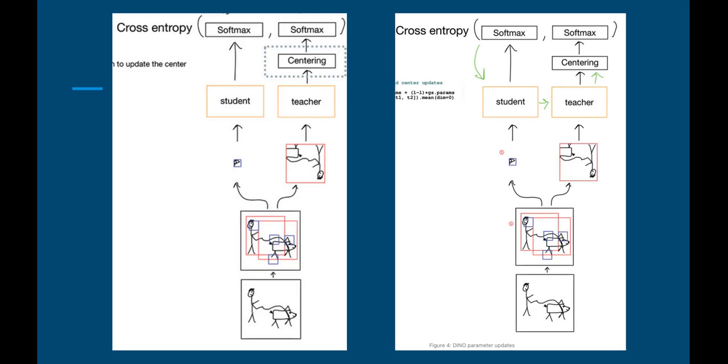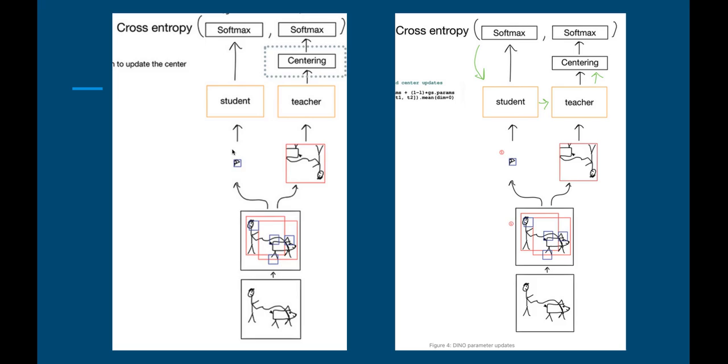Then you augment different crops of the image, the red one and the tiny smaller blue one, as you see here. The red one covers like 50% of the original area of the image. That is fed to the teacher, and then the tiny patch ones are fed to the student.